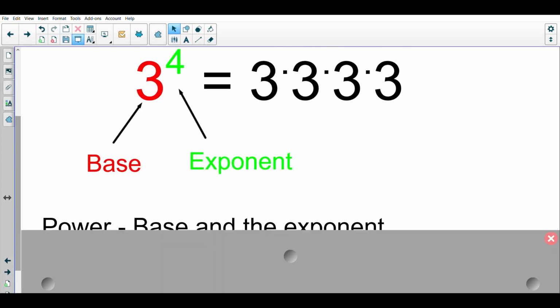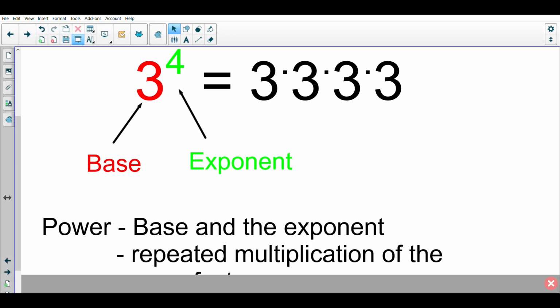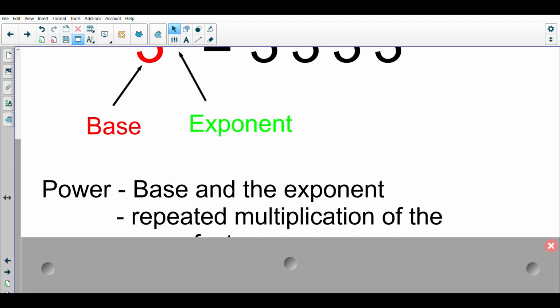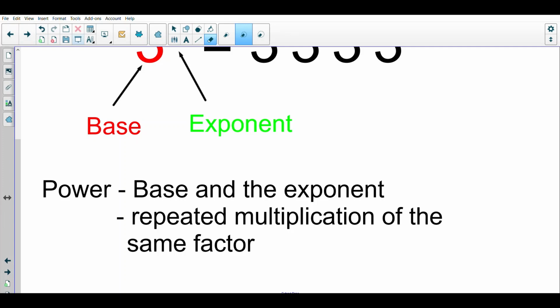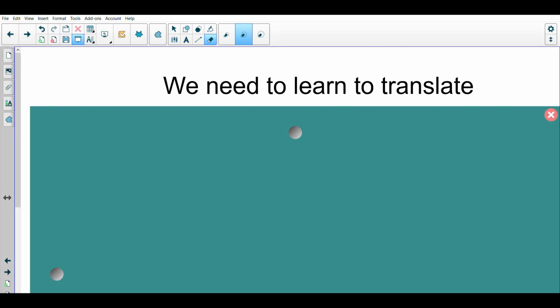Using this information, a power is a base and an exponent together. It just means repeated multiplication of the same exact factor. Like in this case it was 3 to the 4, so it meant 3 times 3 times 3 times 3.